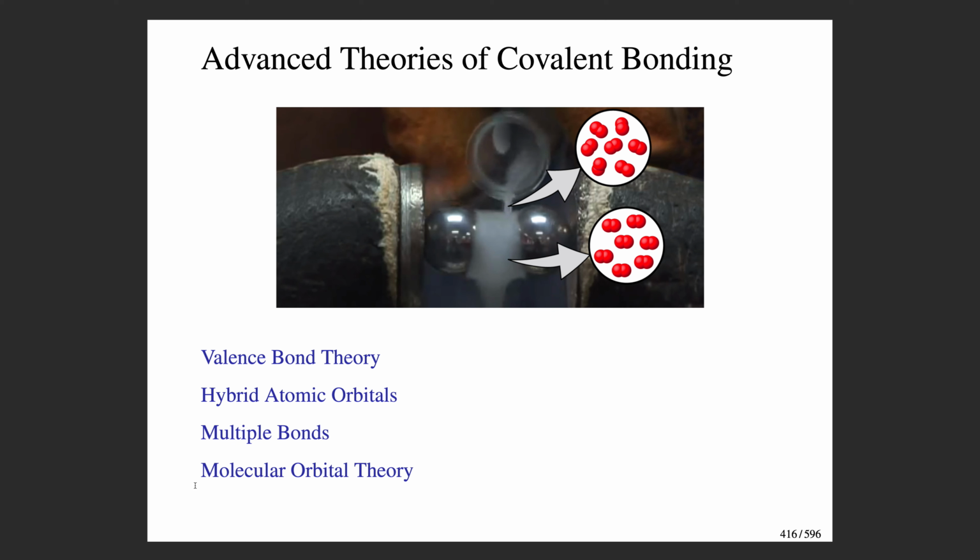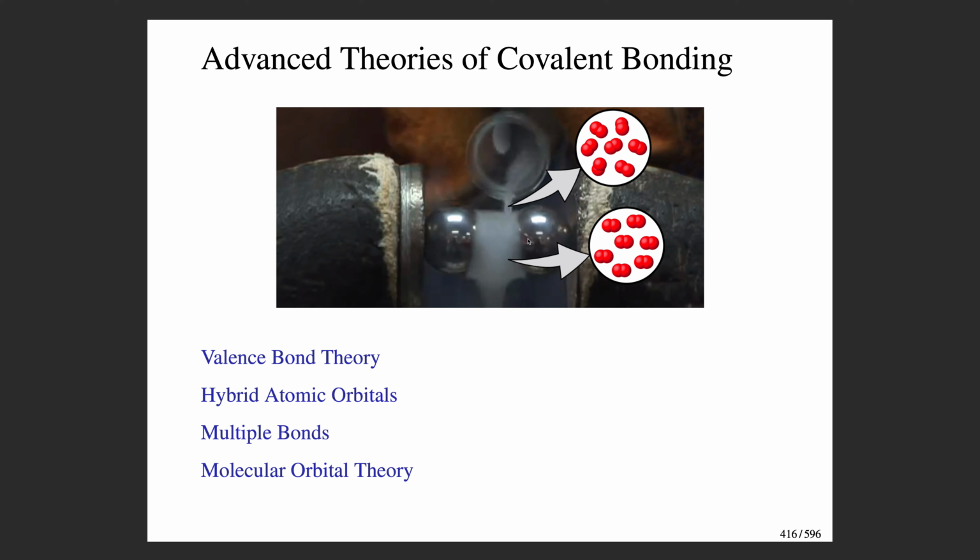And then the second theory that we'll look at, which is distinct from the valence bond theory, is called molecular orbital theory. So we'll save that for later. The picture that you see here is kind of an interesting one. What you're looking at is liquid oxygen. Okay, and so here someone's pouring the liquid oxygen between two magnets.